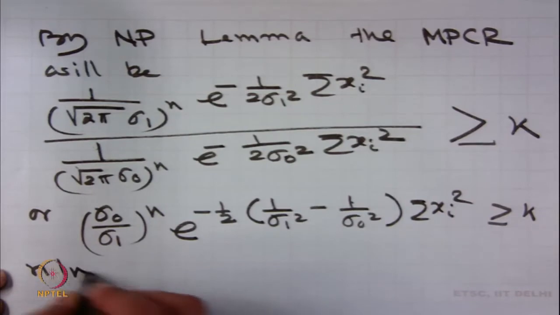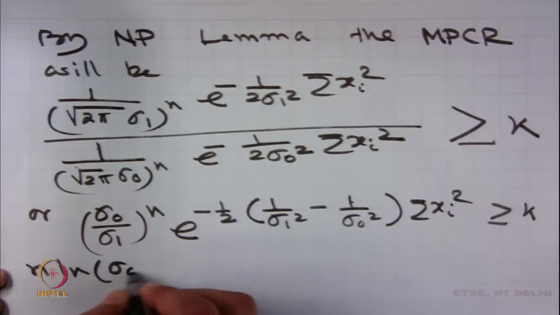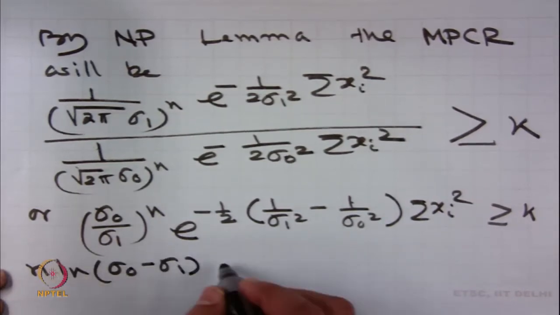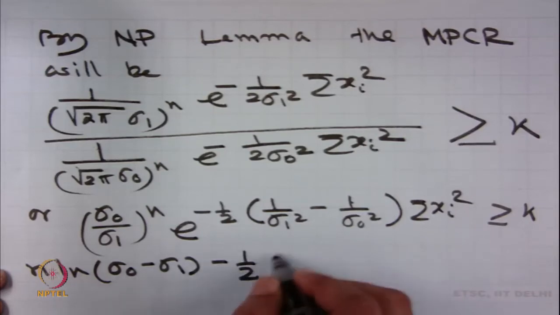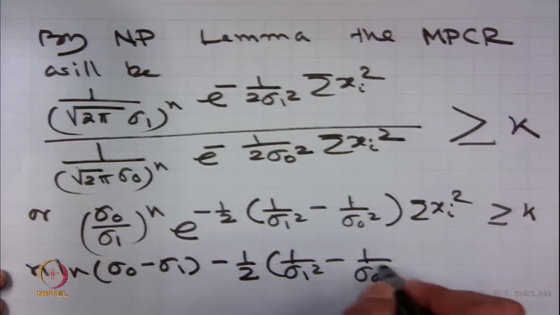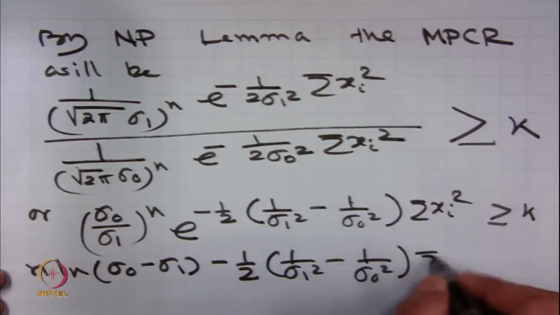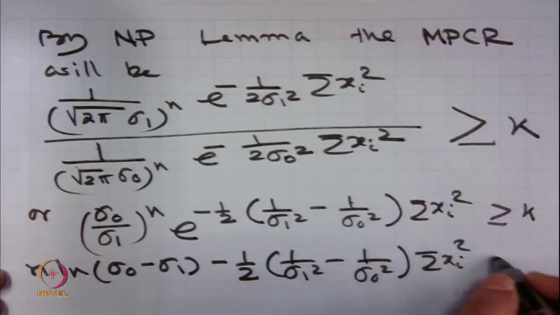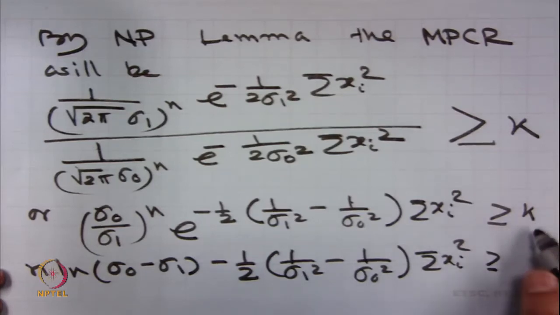n log sigma naught minus sigma 1 minus half 1 upon sigma 1 square minus 1 upon sigma naught square sigma xi square is greater than or equal to some constant which will come through log operation on k.